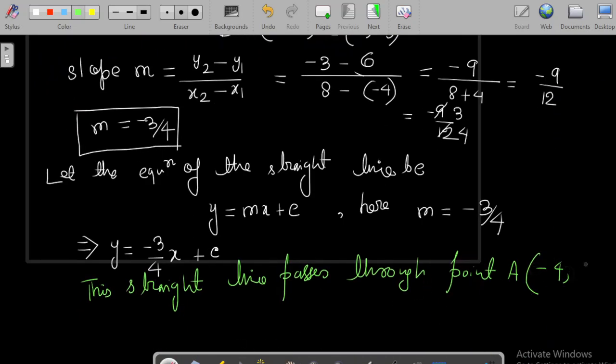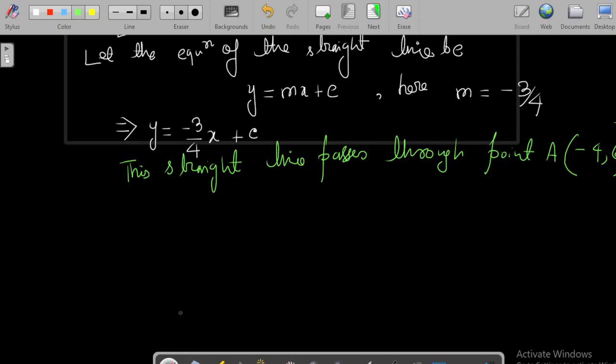So substituting the abscissa and the ordinate in the equation, we get y. First of all, let me write the equation: y equals -3 by 4 x plus c, and the ordinate is 6 and the x coordinate is -4. So I substitute x with -4 and c.